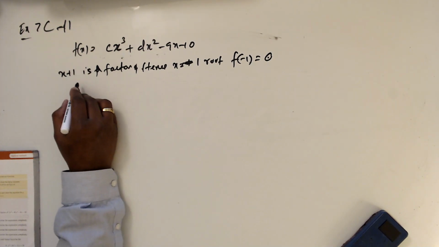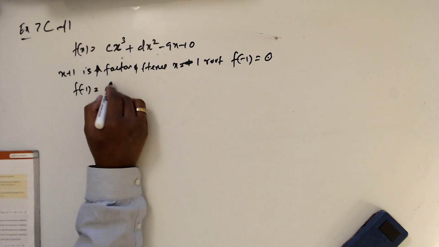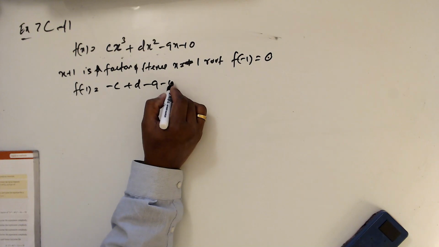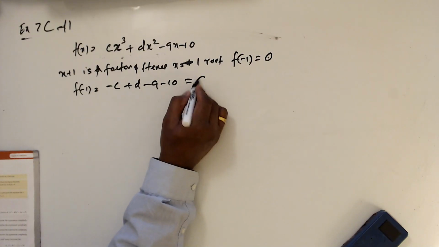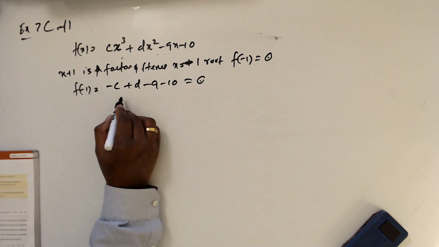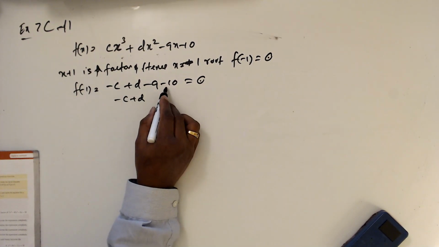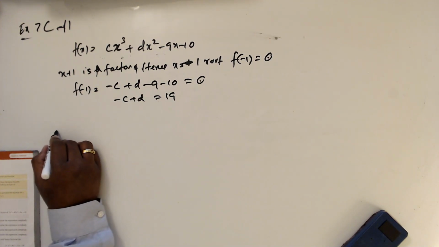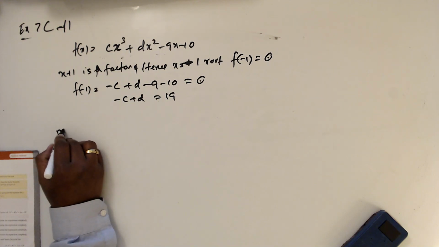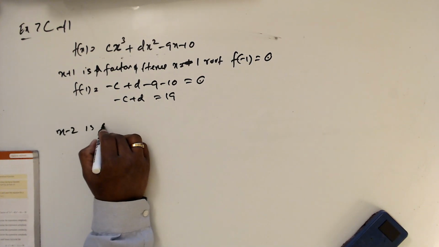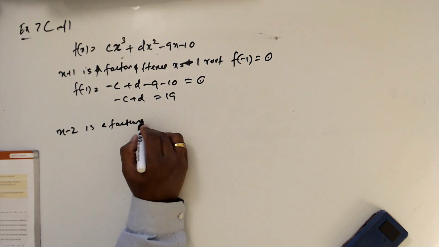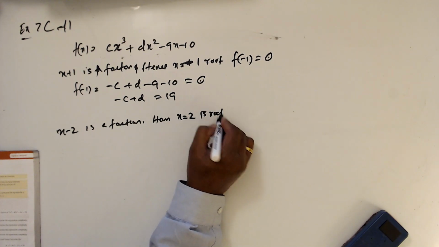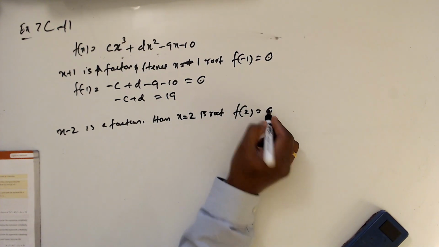So we'll work out f(minus 1) equals minus c plus d minus 9 minus 10 equals 0. Minus c plus d equals 19. x minus 2 is a factor, hence x equals 2 is a root. Then f(2) equals 0.